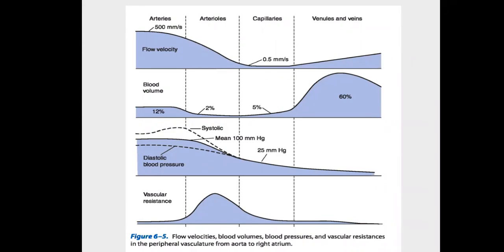The pressure during the heart contraction is called the systolic, and during the heart relaxation is called the diastolic, and the difference between them actually increases as we move away from the heart.